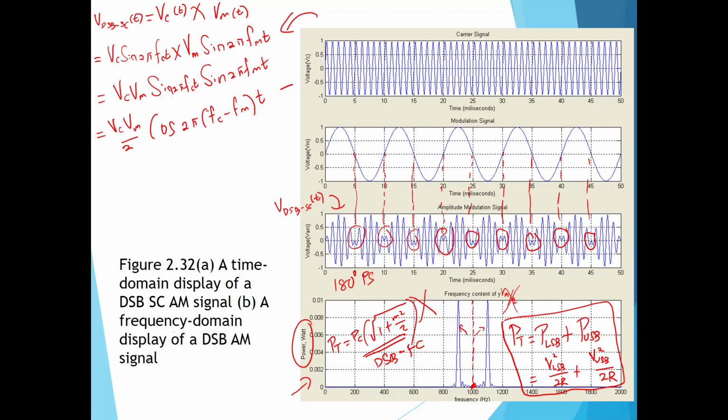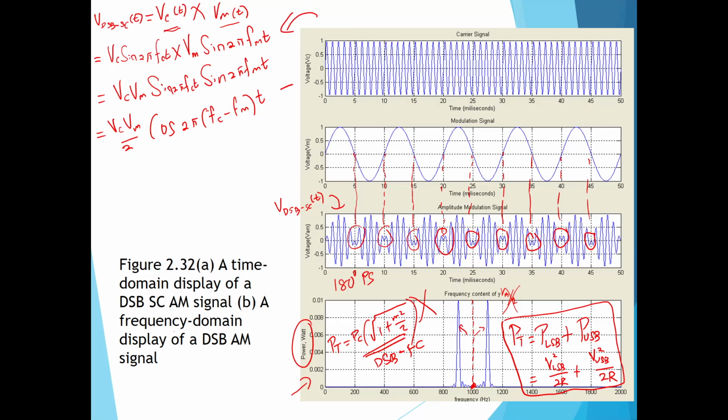So okay, I try to find the double sideband suppressed carrier equation by multiplying the carrier with the message signal. So VC(t) multiplied with VM(t).